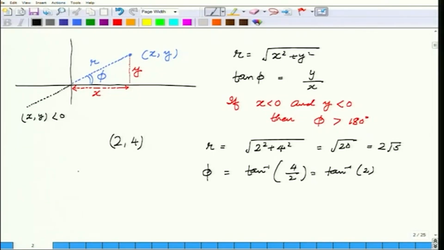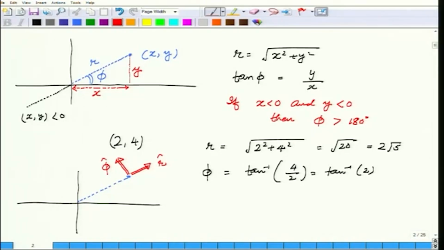So, let me again make this system here, and this is r at a given x, y. The unit vector in r direction is going to be this, and perpendicular to it is the unit vector phi.